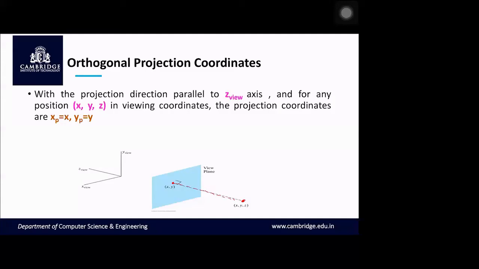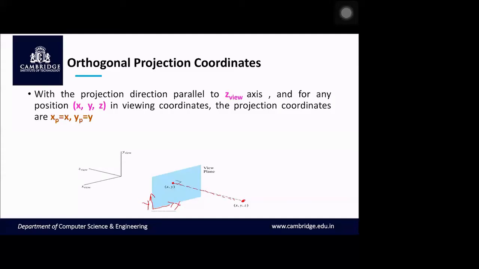It is nothing but x and y. When you project onto the view plane or your screen coordinates, it will be in 2 dimensions only. Let us not worry about z currently. I'll tell you why. Only two coordinates: one in the x direction and one in the y direction.